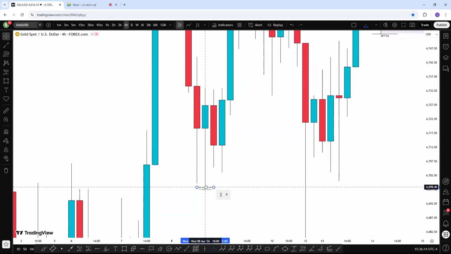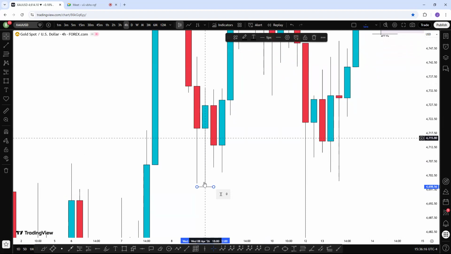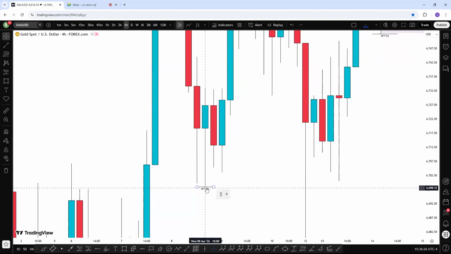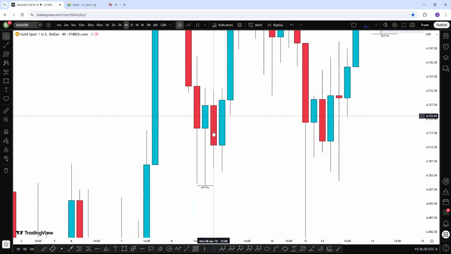You can see until the FU was created, purging this liquidity and then went higher. Now, after this, you can see this candle that came back to test was your primary entry, because this is the last wave of liquidity being created.